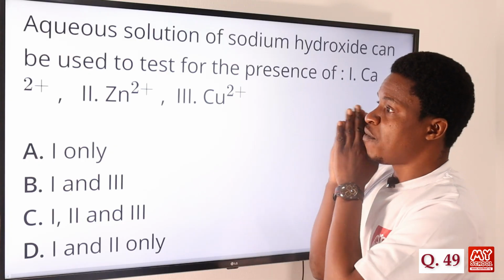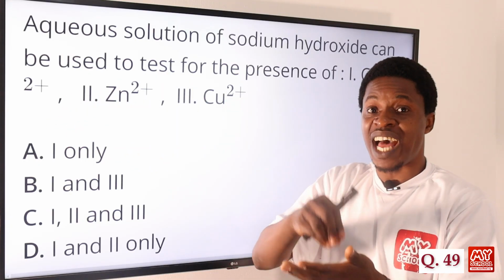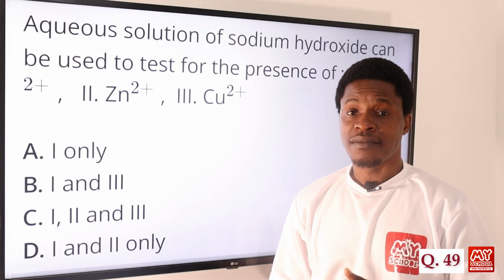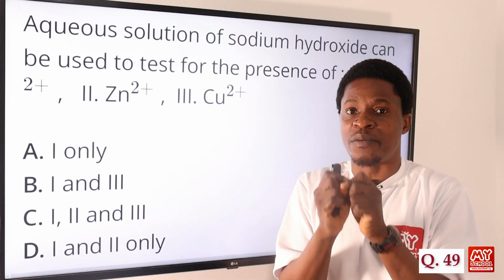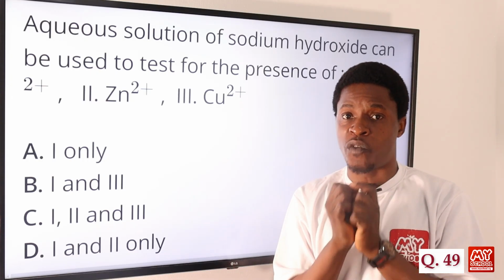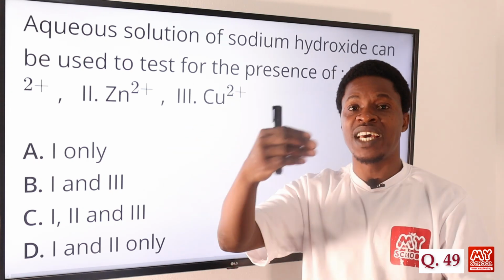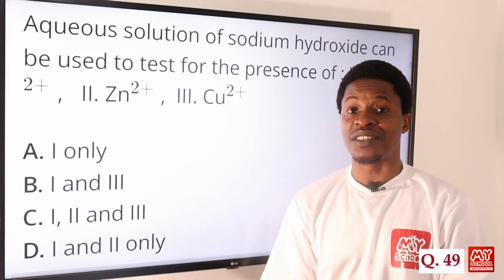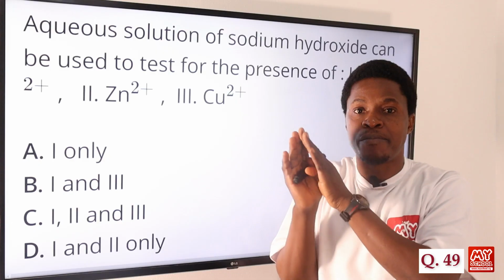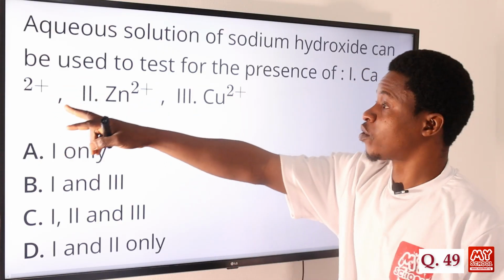For the test, if you react a salt that is unknown but has calcium in it with sodium hydroxide in drops first, a white precipitate will be formed. Then continue adding sodium hydroxide in excess. What happens? The color remains unchanged, the white precipitate remains there for the calcium salt.